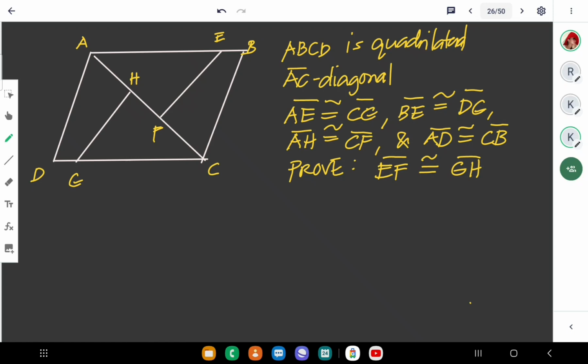So you want to try? Come on. Yeah. It's given that it's a quadrilateral, so you can take a look at the properties of quadrilateral.